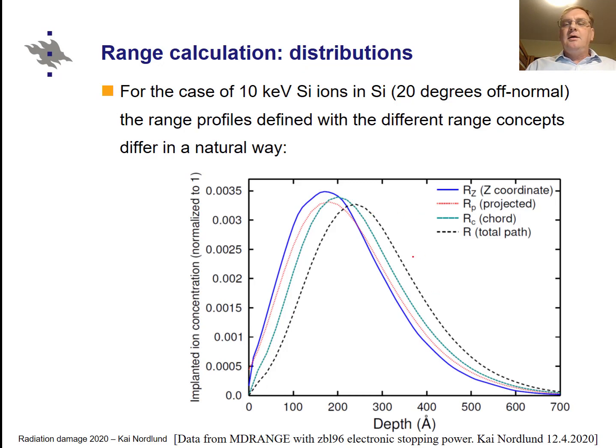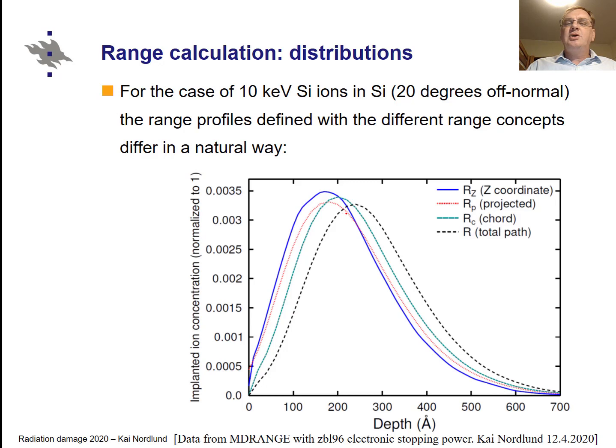And this is an illustration of how these four main range concepts, except for the lateral range, relate to each other. This is again for 10 keV silicon ions in silicon, from a molecular dynamics simulation where you actually do follow the ion path, so it's possible to determine even the path range. So here you see the dashed curve is the path range. That of course is the longest because it includes all the wiggly motion of the ion. Then the chord range is the second furthest because the chord range includes the lateral spread.